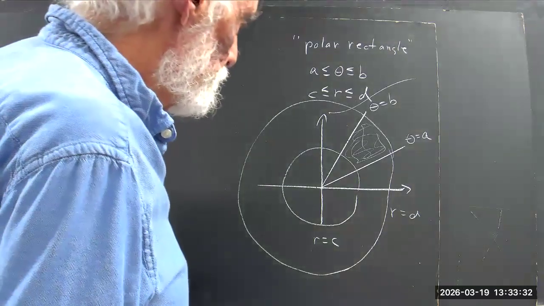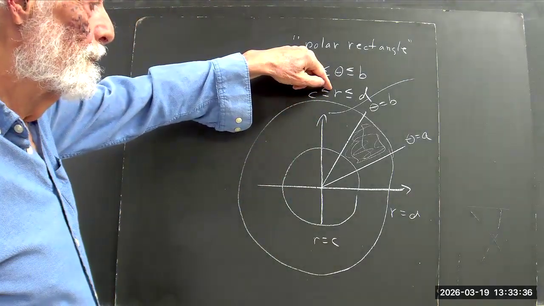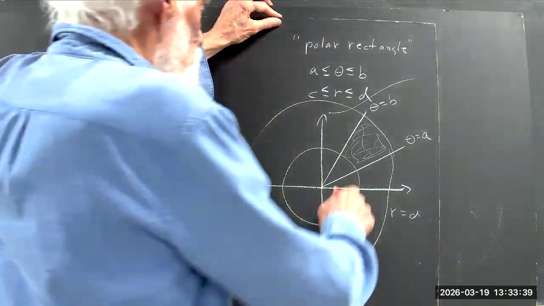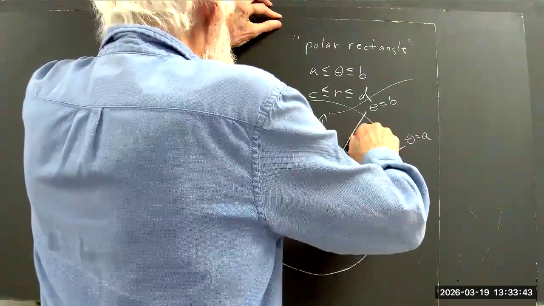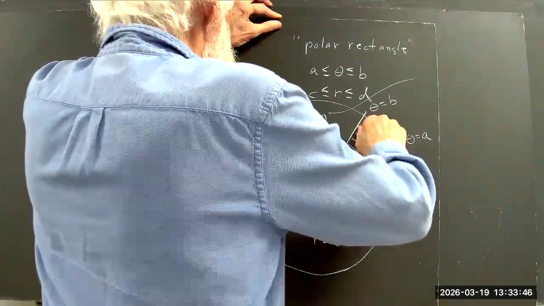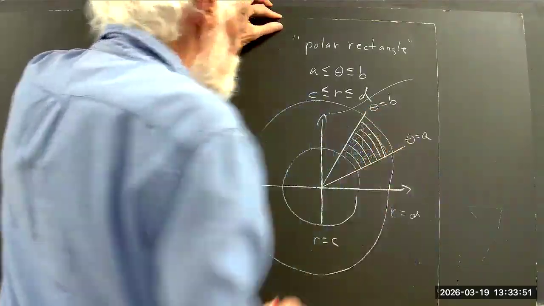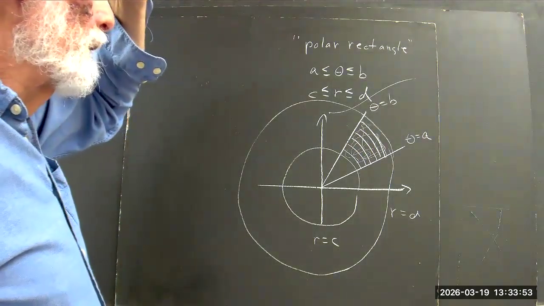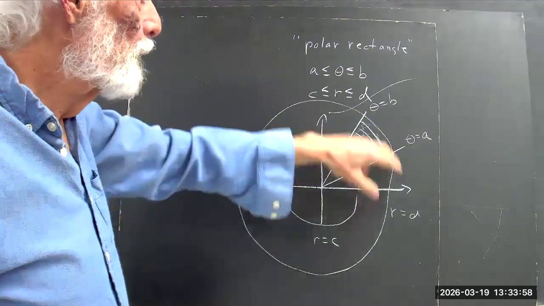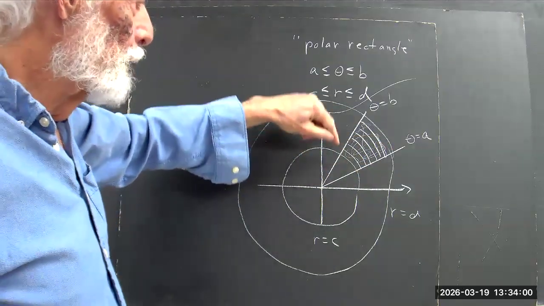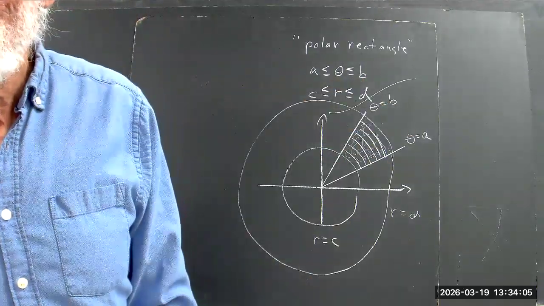If we partition R, that means we're going to be intersecting this region with the arcs of circles with radii from C to D. Okay.